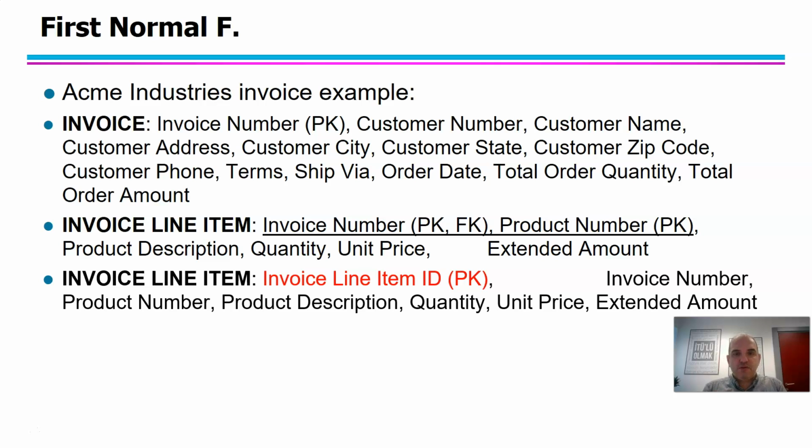So let me repeat. We look at the input, our invoice, then we convert it into a table, then we convert it into a relation, which we wrote down by separating the column names with commas. And when we create a primary key, it became unnormalized form.